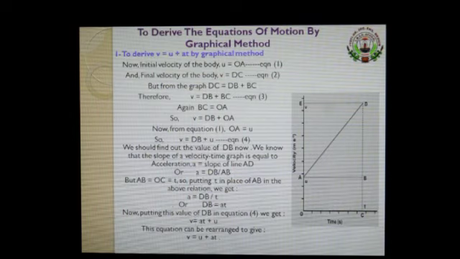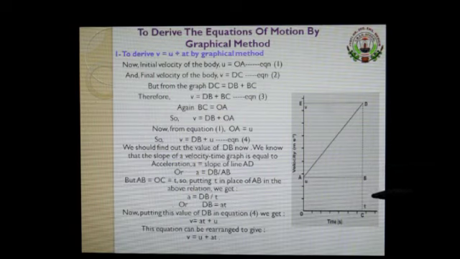To complete the figure, we draw a perpendicular CD from point C and draw AB parallel to OC. DE is the perpendicular from point D to OE.